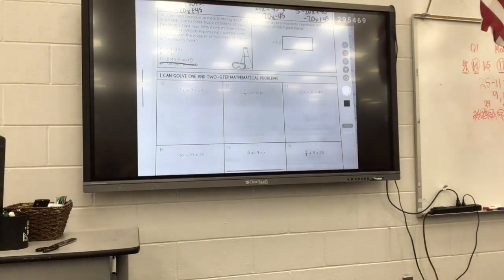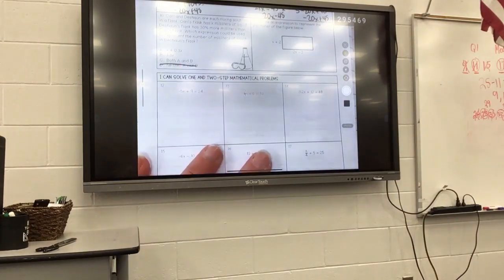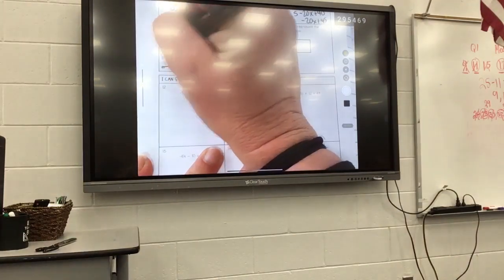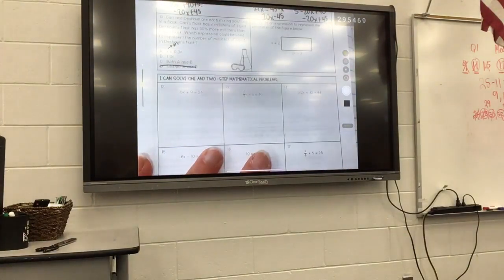So why do A and B both work? Cooper. Because it's pretty much the exact same thing. Because it's x, which is 1 plus the 0.3, so that's 1.3x, which is also B. So essentially this equals the number 1. Yes.